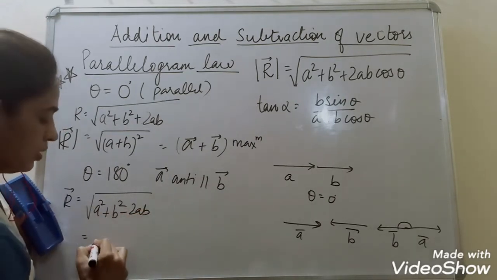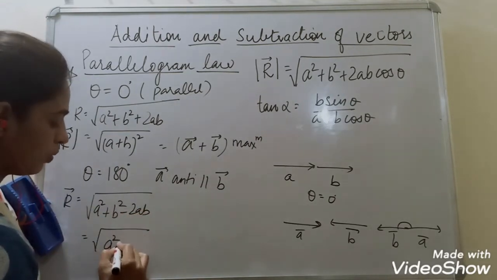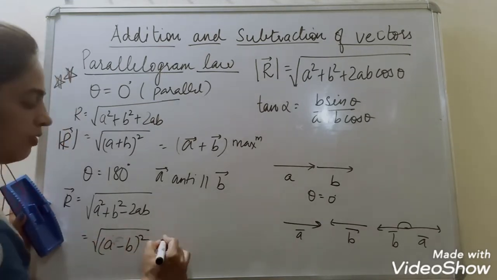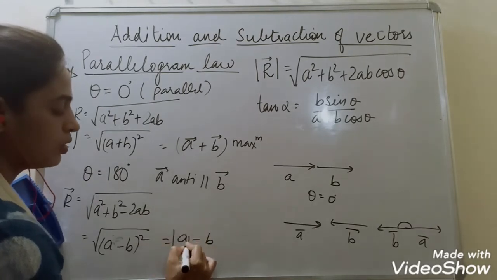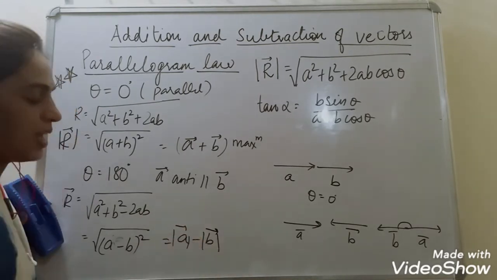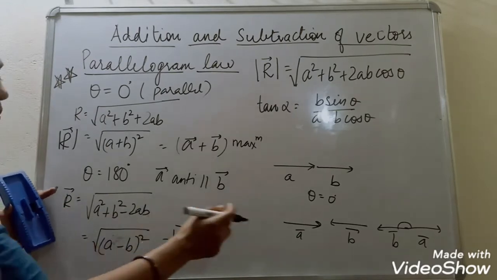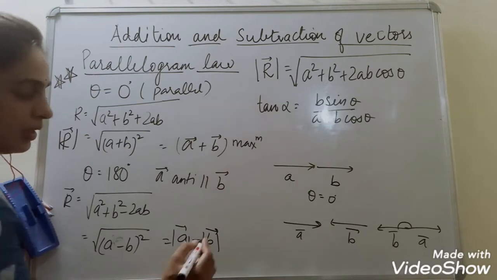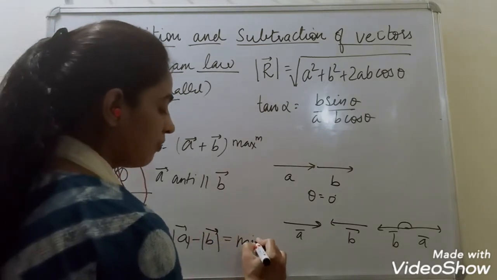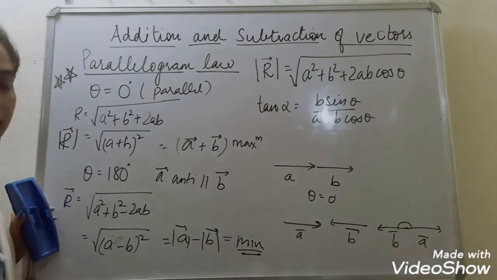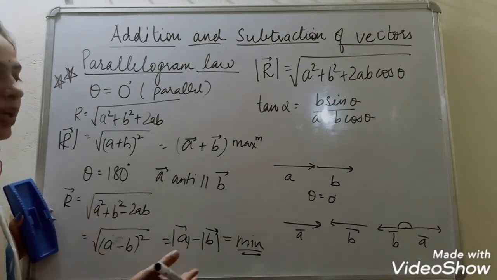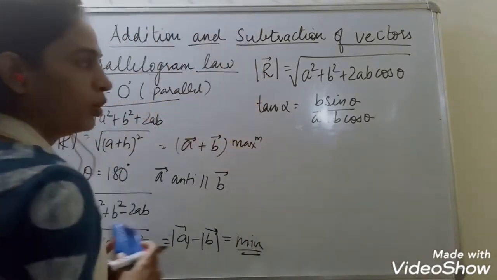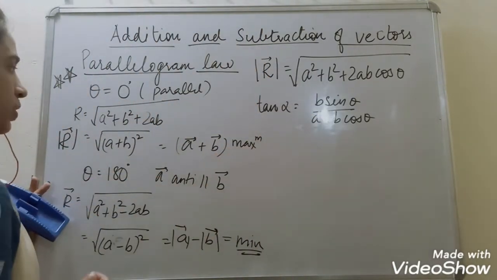That is equal to the square root of (A minus B) whole squared, and that will be equal to A minus B. So you can consider it as subtraction of two vectors. When the two vectors are anti-parallel, the resultant is plainly A minus B. This is the minimum value of the resultant of two vectors. Minimum will be when they are anti-parallel. And for both the cases, you can also find the direction.